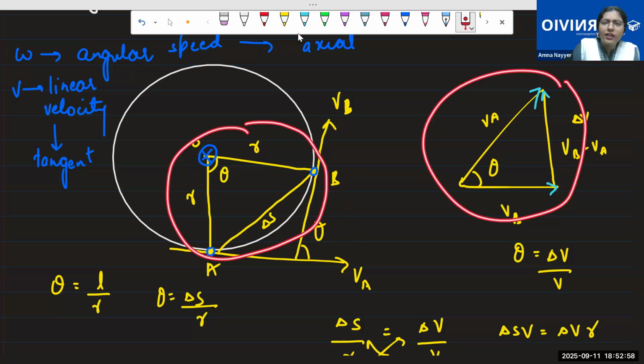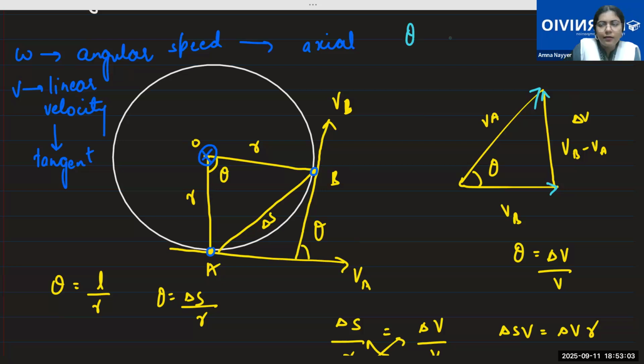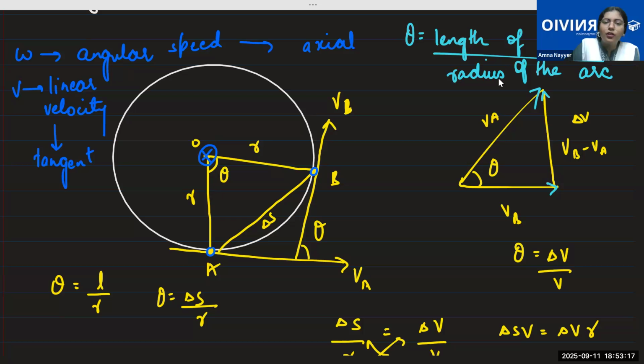The formula of any angle: the angle is the length of the arc divided by the radius of the arc. So theta is equal to L by R. L means the curved length. But the curved length and this delta S are very, very close to each other.